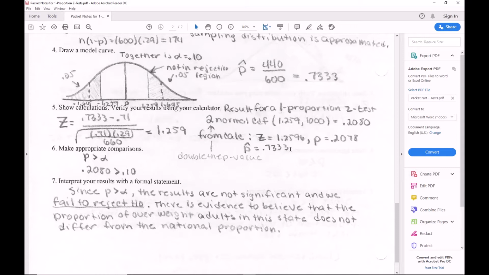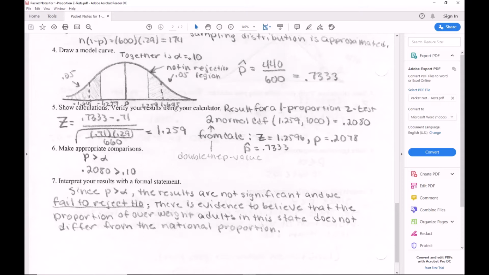All right, so compare p to alpha: 0.2078 and 0.1. All right, p is greater than alpha. So since p is greater than alpha, your results are not significant and we fail to reject HO. So don't accept HA or anything like that. We're either rejecting or failing to reject HO.